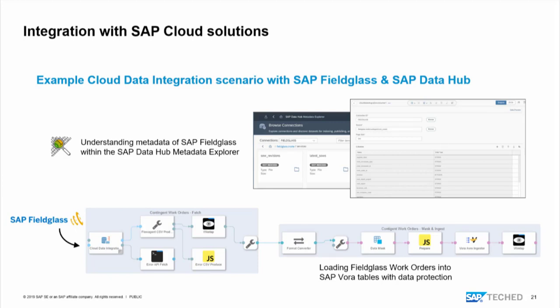In this example, we are fetching Fieldglass data, anonymizing and masking it, and then writing it. We are using one of our own engines, but we could write it to S3, to ADL, to Google Cloud Storage, to HANA, to BW, and integrate the data in there.